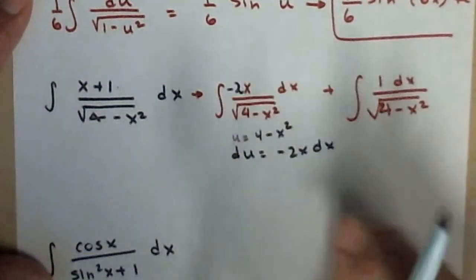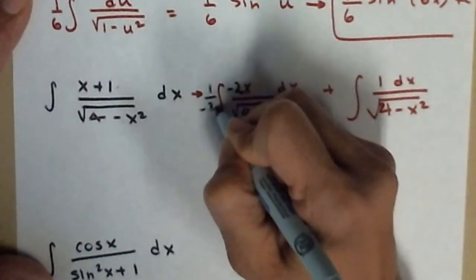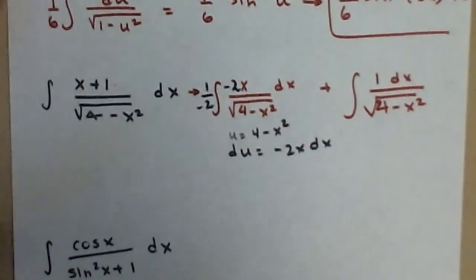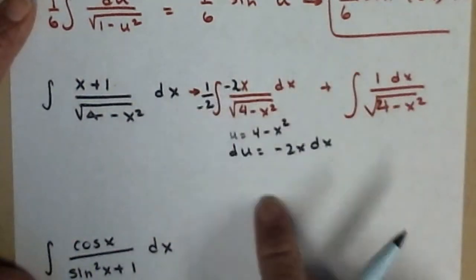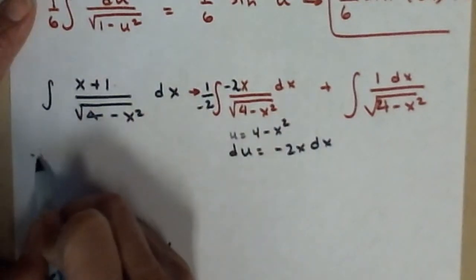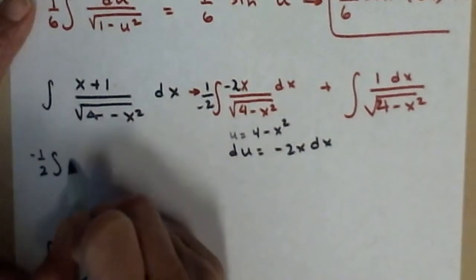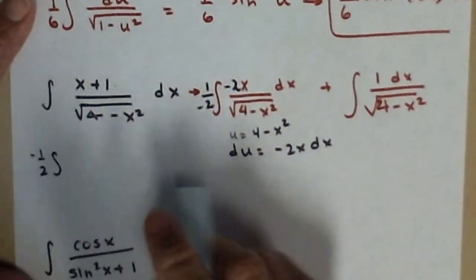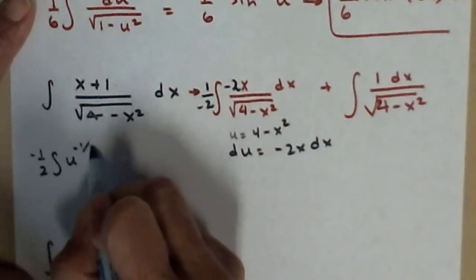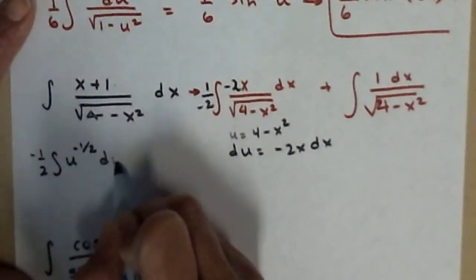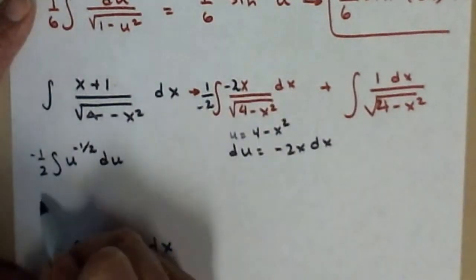So 1 inside so that I have du, and the reciprocal out front to balance. So now just working on that first fraction, it's negative 1/2 integral. What do I have there? u's on the bottom under a radical, which we know we can write as u to the negative 1/2 du, because I got all that taken care of.